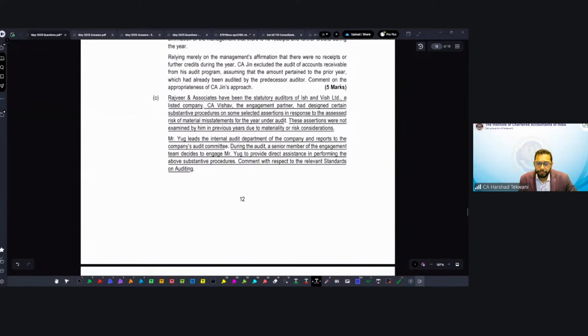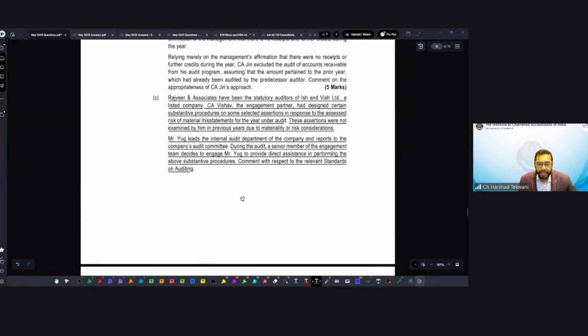So he should assess the internal auditor's independence and whether he can use the work of the internal audit department, vis-a-vis the objectivity and the independence. And he should also assess the capabilities and the qualifications of the internal auditor.